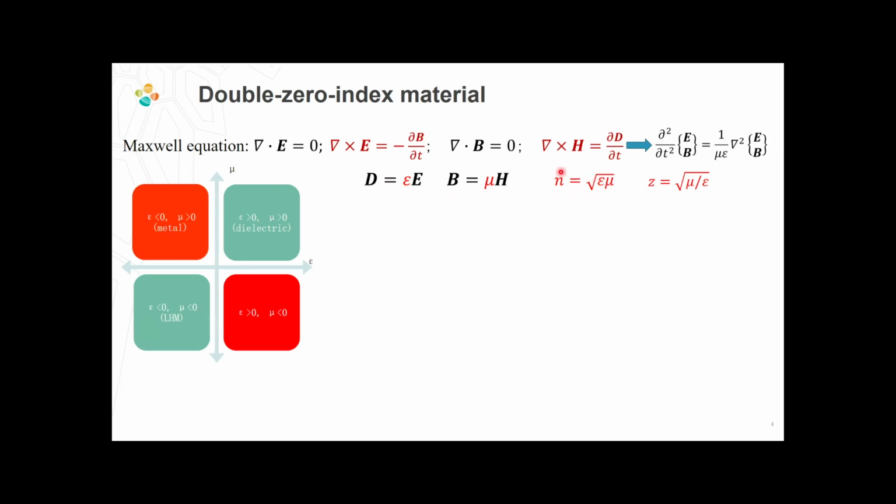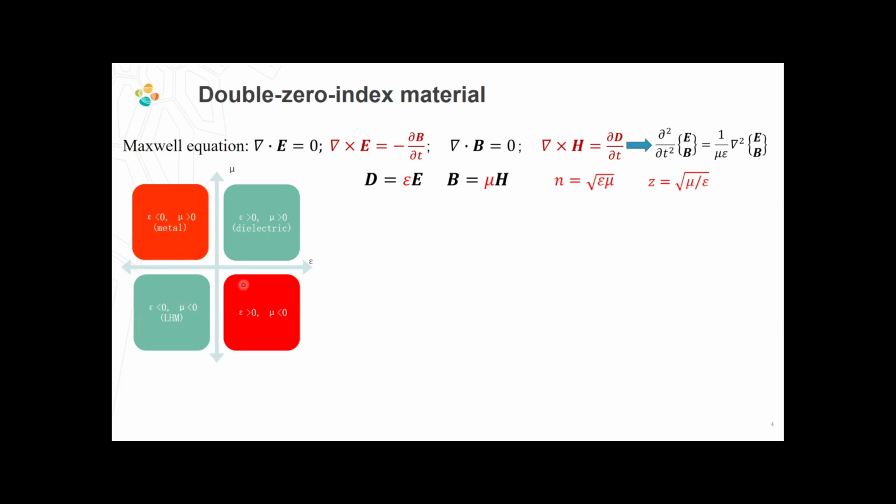If you look at the refractive index, if both of them are positive, then n is positive. This is a common dielectric material which supports wave propagation. Similarly, if both of them are negative, this is the left-handed material, and n is also a real number, but negative, so it also supports wave propagation.